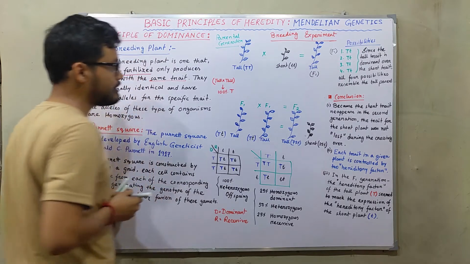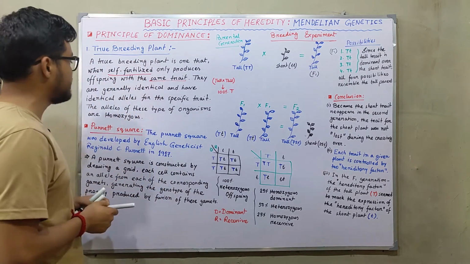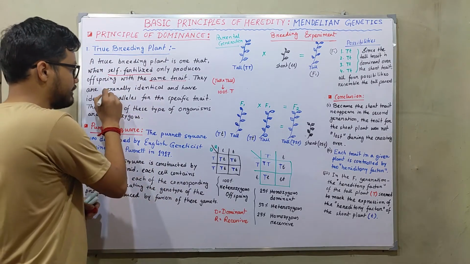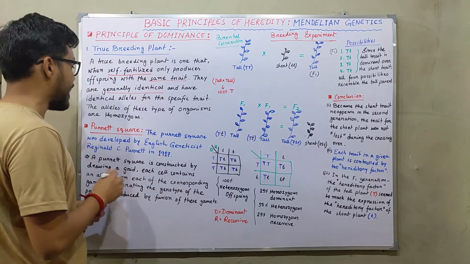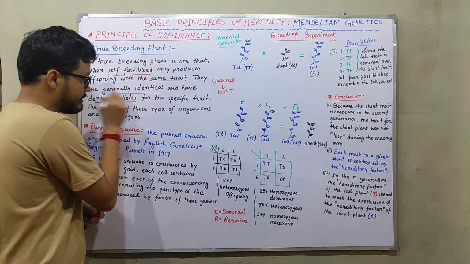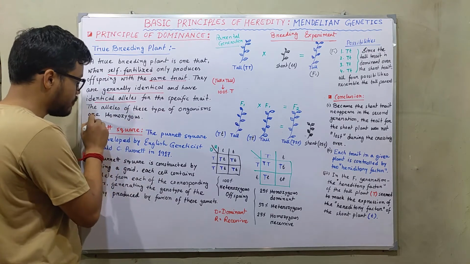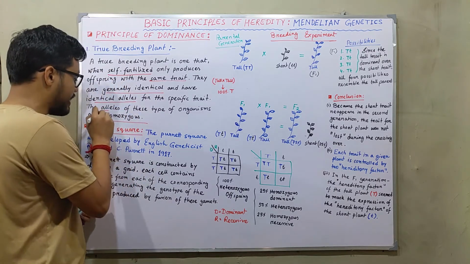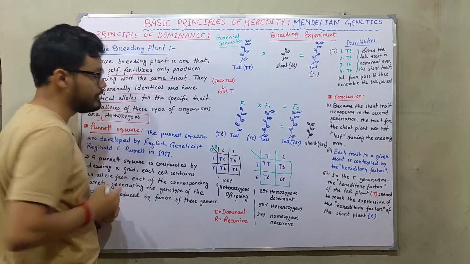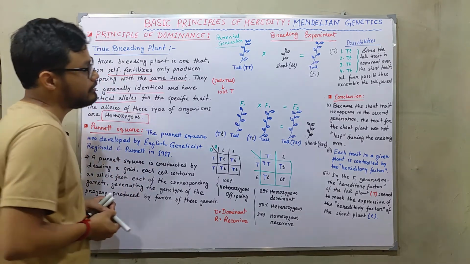So this is the phenomenon of true breeding plants. They are genetically identical and have identical alleles for the specific traits. Organisms of this type are known as homozygous. So the alleles are in homozygous condition in the case of true breeding plants.